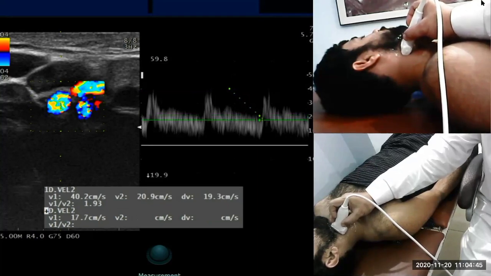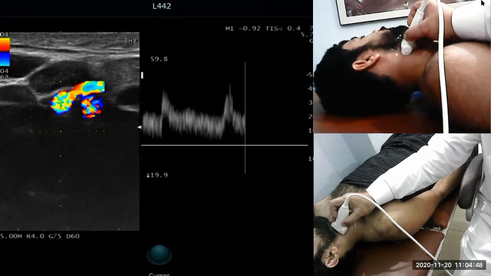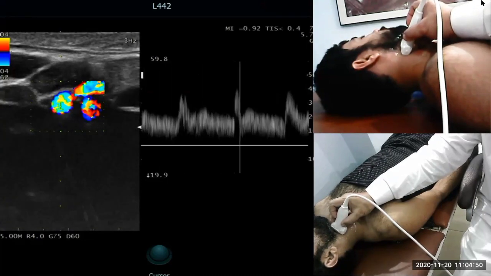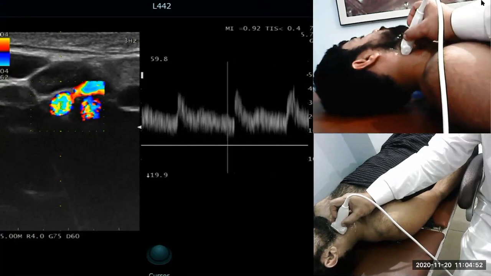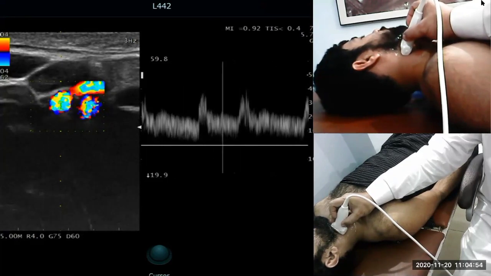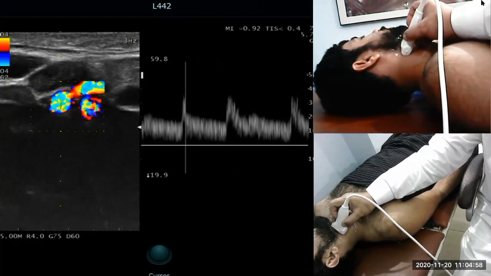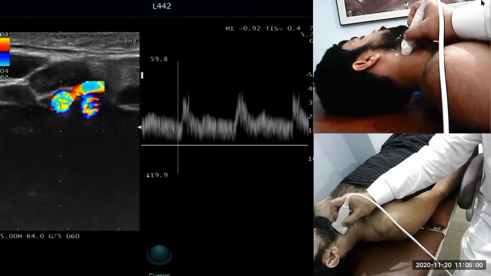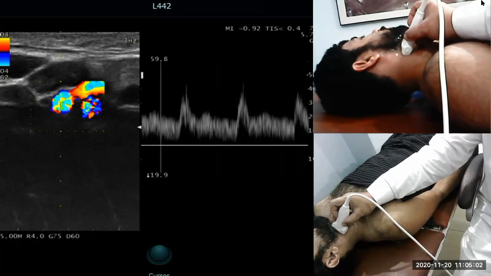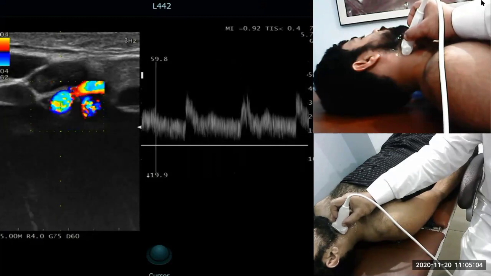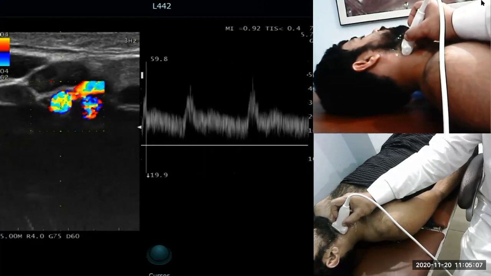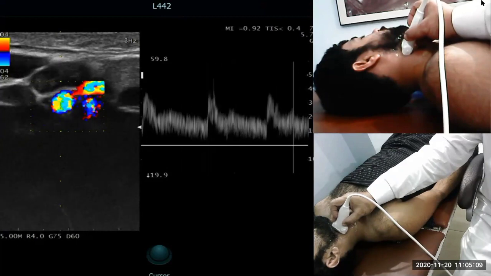Now we will see the other. This vessel was having a peak systolic of 40 and the end diastolic 20. So 40 divided by 20 is equal to 2. That was the systolic diastolic ratio.